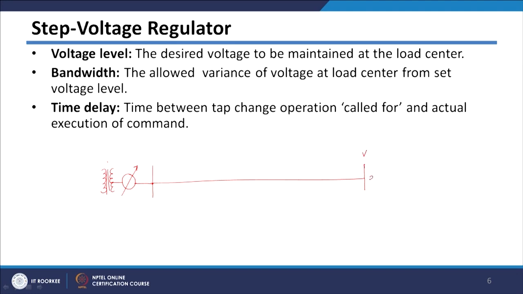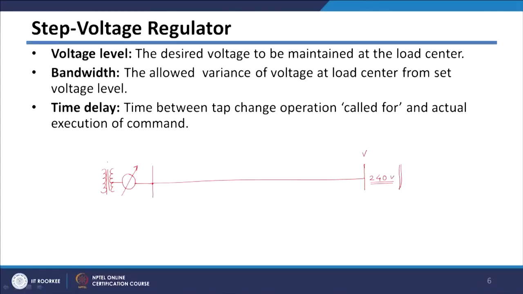Let us say we want to regulate the voltage at this end at 240 volts, but keeping exactly 240 volts will not always be possible because there will be some bandwidth of the regulator. So, say we want to keep the voltage of this particular bus within the limit of 242 to 238 range.